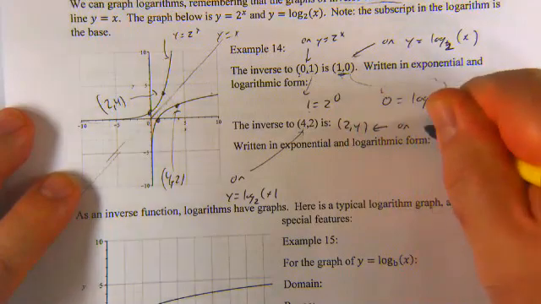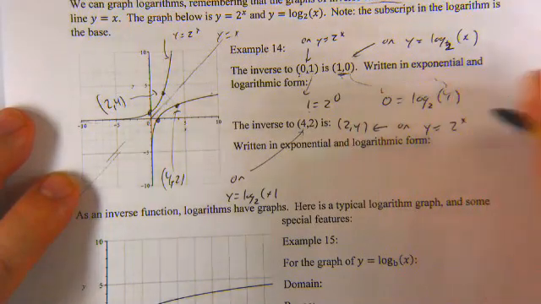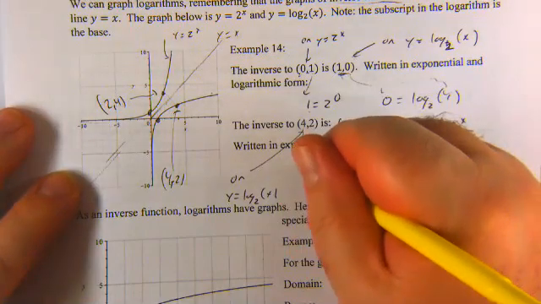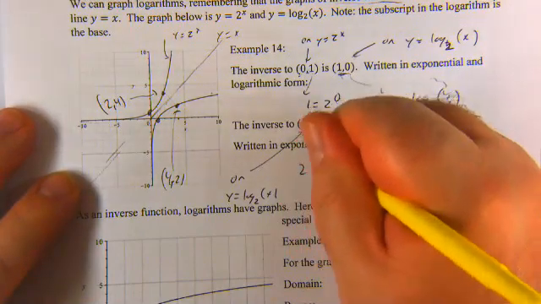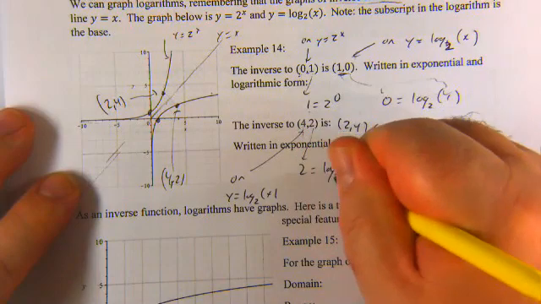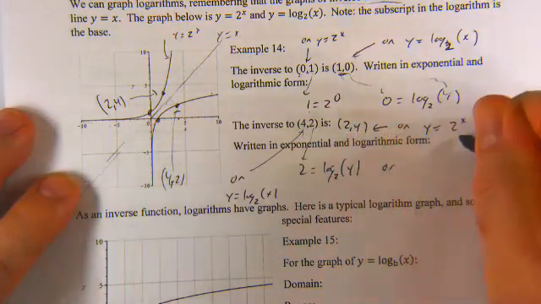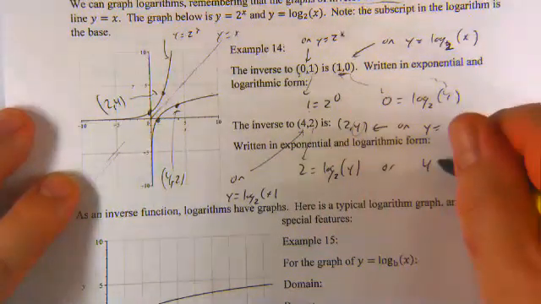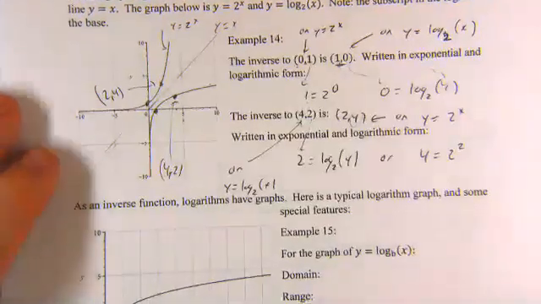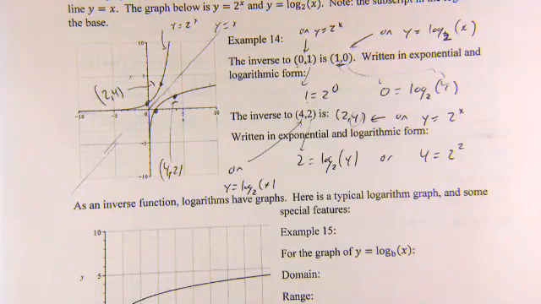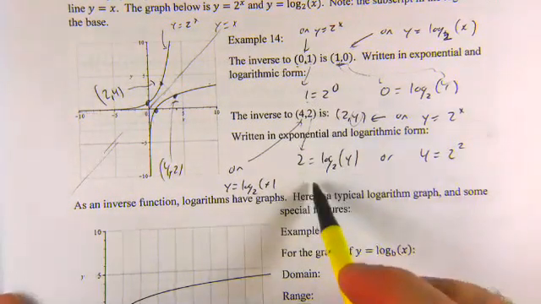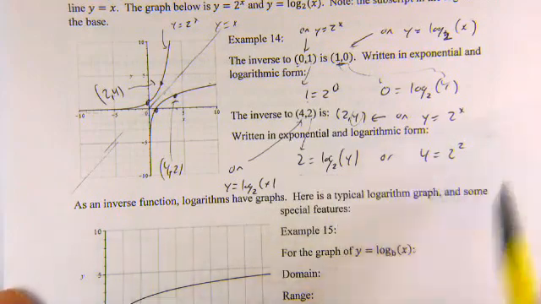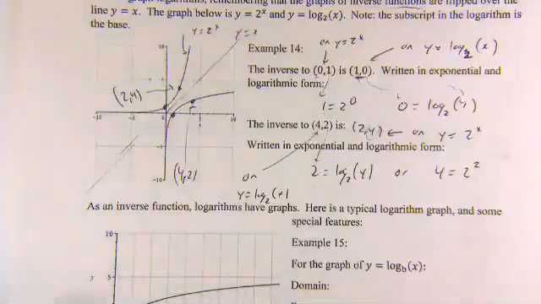This is on the graph of y equals 2 to the x. So 2, my y value, equals log base 2 of 4, or 4 is 2 squared. So we have two numbers, 2 and 4, and we can represent the relationship between them in terms of logarithms or in terms of exponentials.